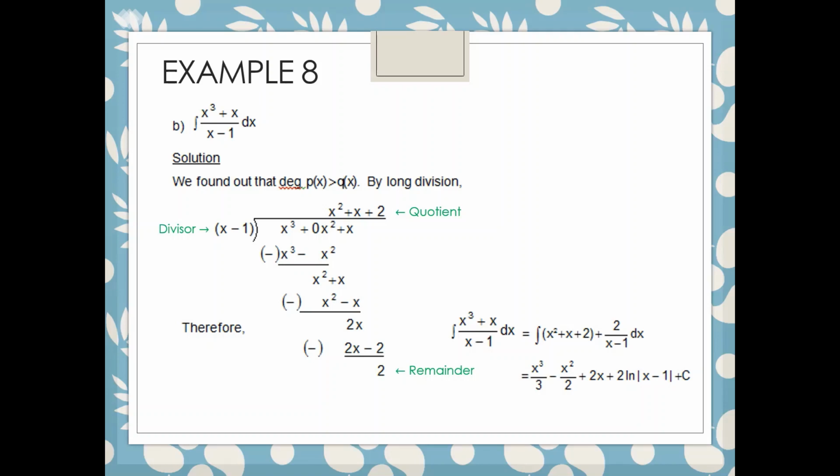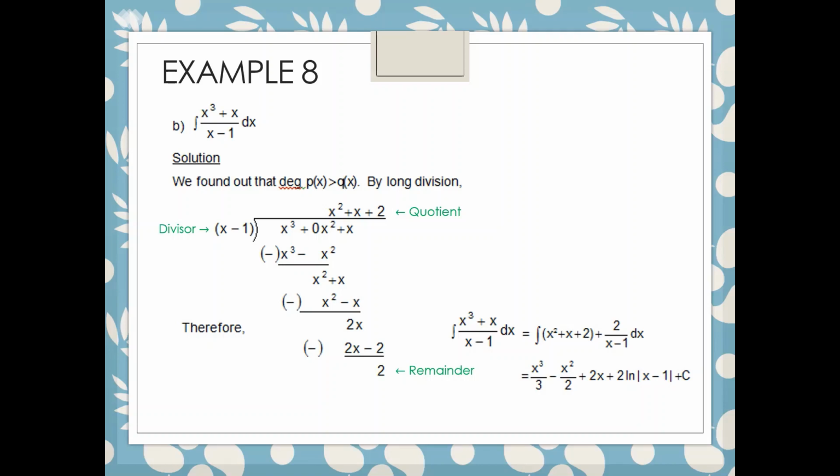X squared minus x squared is 0. X minus negative x is 2x. Proceed the long division by multiplying x minus 1 with 2. You will get 2x minus 2. 2x minus 2x is 0. 0 minus negative 2 is 2, where 2 here is the remainder.